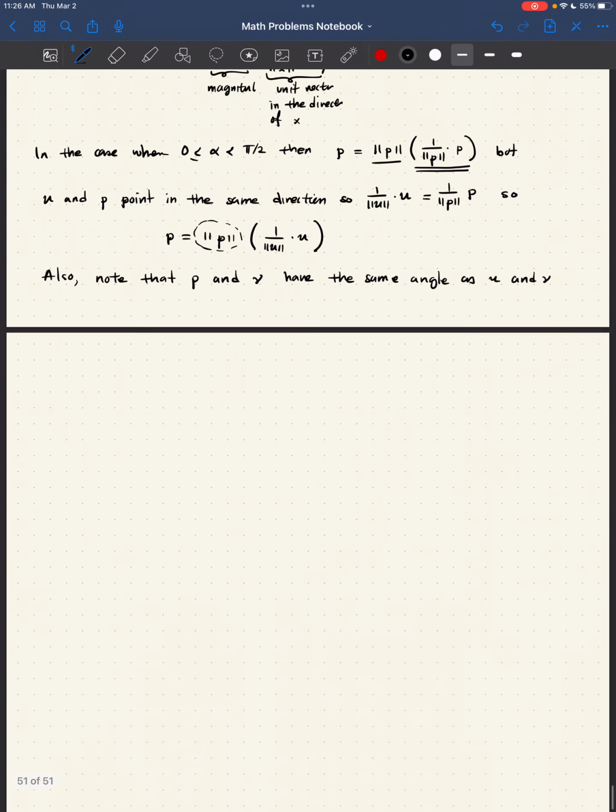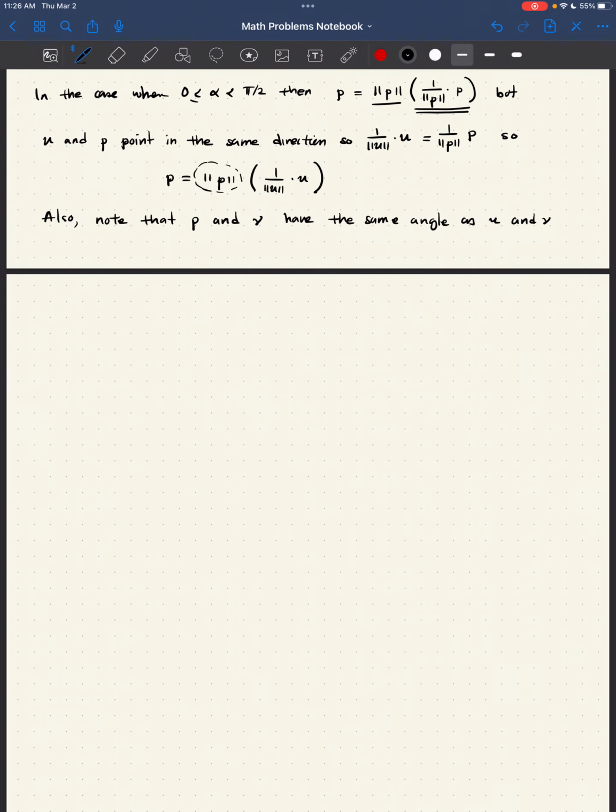The cosine of alpha is nothing else but the ratio of the adjacent side, the magnitude of P, versus the hypotenuse. From this, I can say that the magnitude of P is the magnitude of V times the cosine of alpha.